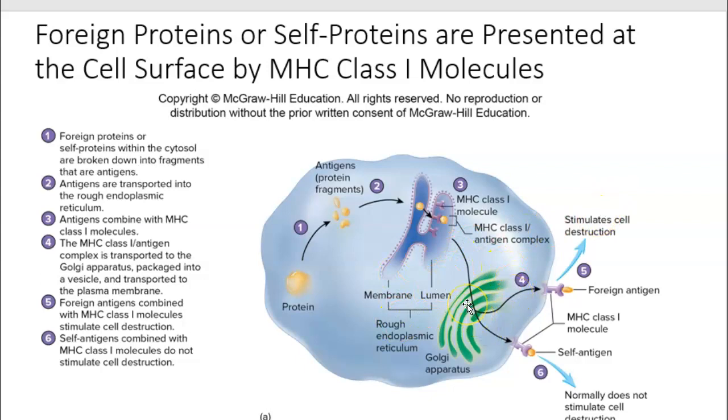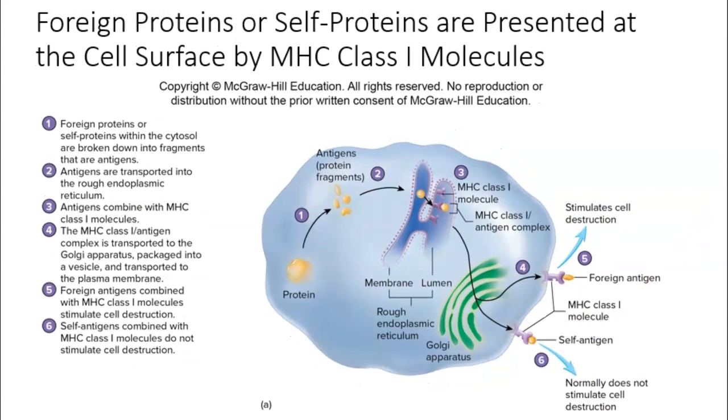In the other scenario, if this is a self-antigen, a normal protein that the cell typically makes, and it is displayed on the surface by a self-MHC class 1 molecule, then it normally does not stimulate cell destruction. So the body knows that there is no need to destroy this cell. It's healthy.